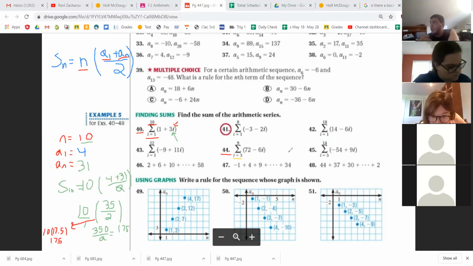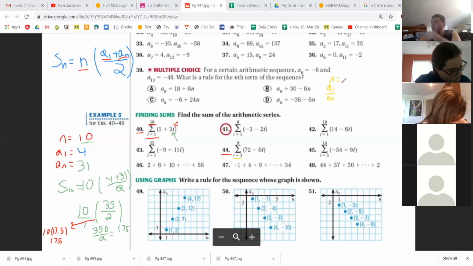Notice how our starting point is not 1 anymore. It happens to be 3. So that's going to change what n, a of 1, and a of n are. We're still looking for n, a of 1, and a of n.